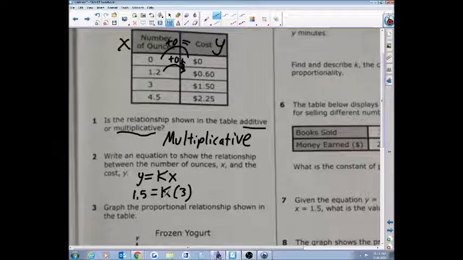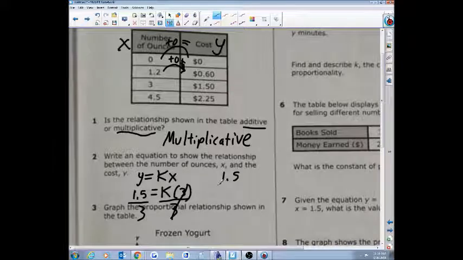Okay, so 3 times something equals $1.50. So we were trying to get K by itself. In order to get rid of this times 3, we're going to divide by 3. Anything times 3 divided by 3 cancels out. But if we divide one side by 3, in order to keep this equal, we have to divide this side by 3 as well. So we've got K equals 1.5 divided by 3.